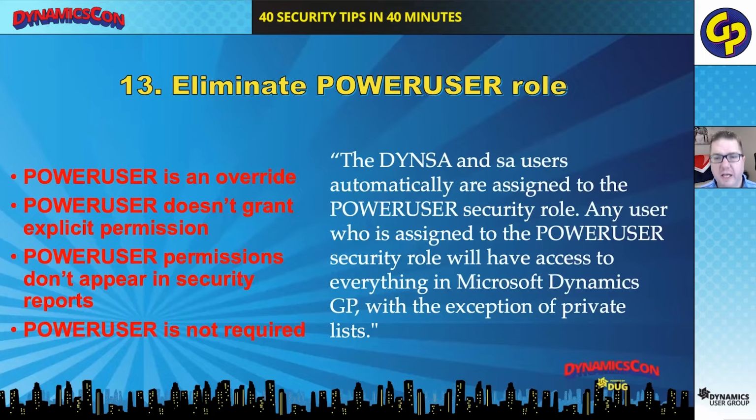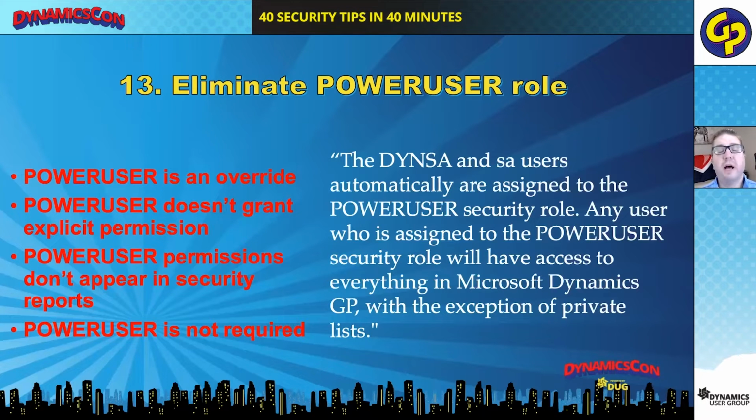Number 13, eliminate the power user role. Power user is not a traditional role in that you're not checking boxes to give people access. It is an override. It grants access to everything. So because it doesn't grant explicit permission to things, it is not included in security reporting. The security report essentially says, show me all of the folks who have a security box checked that allow access to something.